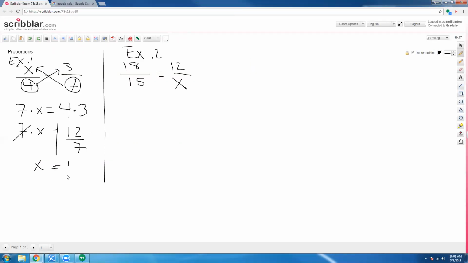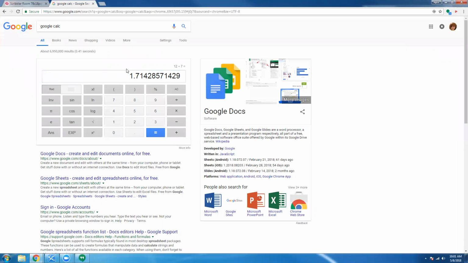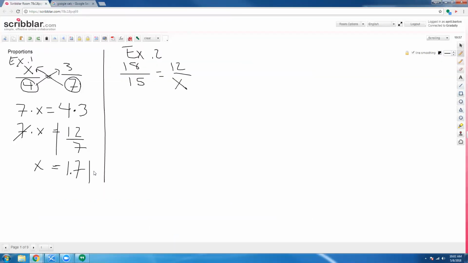And if it does come out as a decimal, they would tell you where to round. If we wanted to round to the nearest hundredth, we would need one more digit, 714. So if we round to the nearest hundredths, that's the second spot after the decimal.